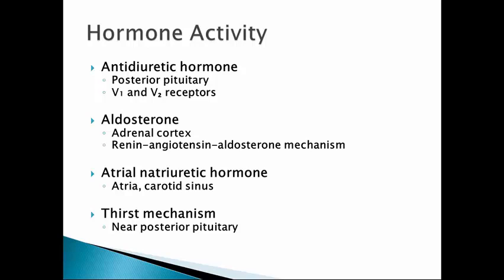When you perfuse that glomerulus better, the kidney's saying, oh, I've got enough fluid. I don't need to keep holding on to sodium. I don't need to keep holding on to water. But remember, this all started with those receptors in the carotid sinus, the brain, and the atria that were sensitive to stretch, to block the effects of ADH as well as aldosterone.